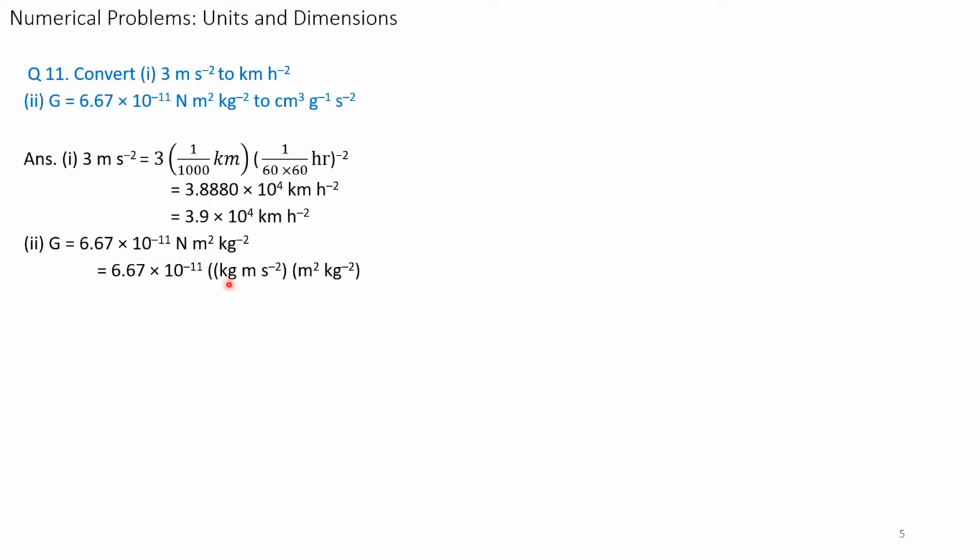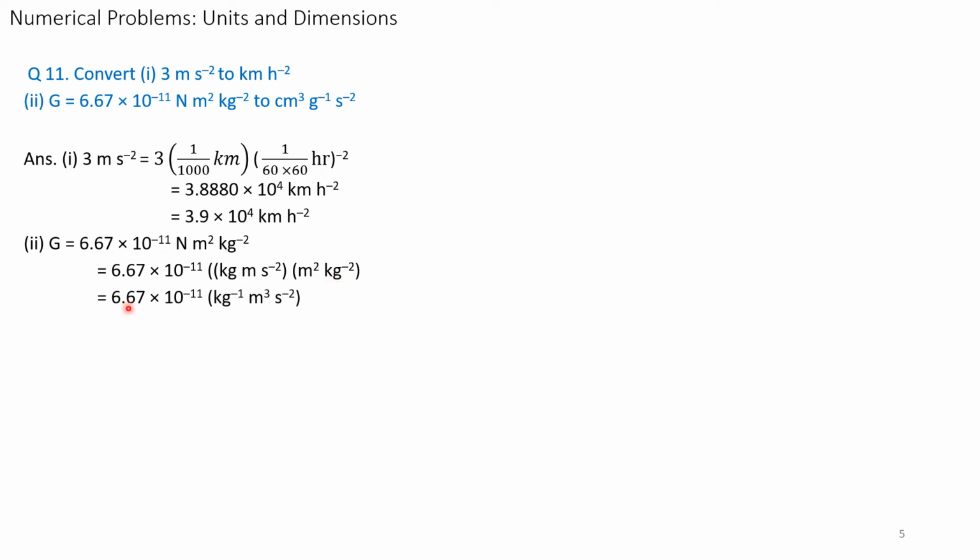That is, 1 Newton by definition is kg meters per second square. Therefore, the right hand side is 6.67 into 10 to the power of minus 11. Convert Newton into kg meters per second square, and then meters square kg to the power of minus 2.